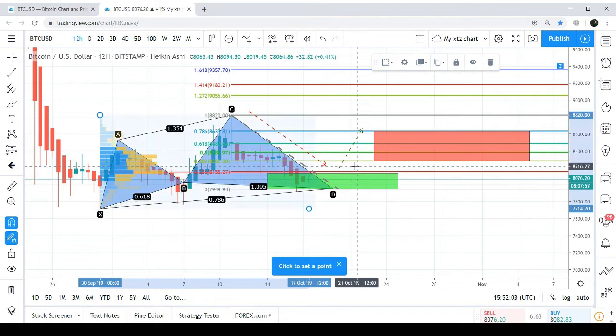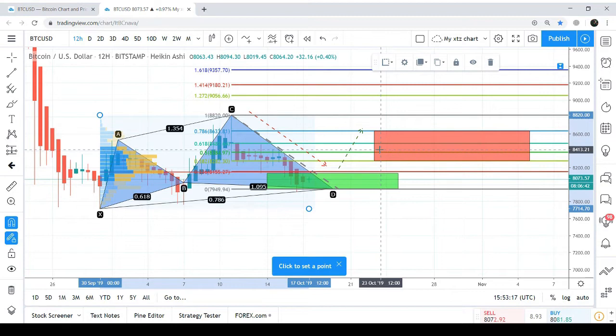Now we can see that below this area, within this potential reversal zone, the traders are much less interested in trading at this level. So this is another confirmation that the price action will take the bullish divergence from here and hit this sell zone very soon.